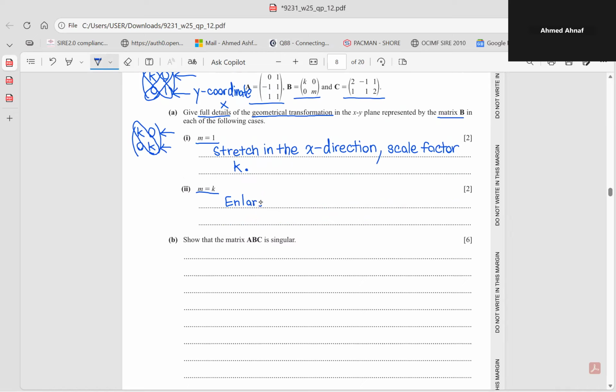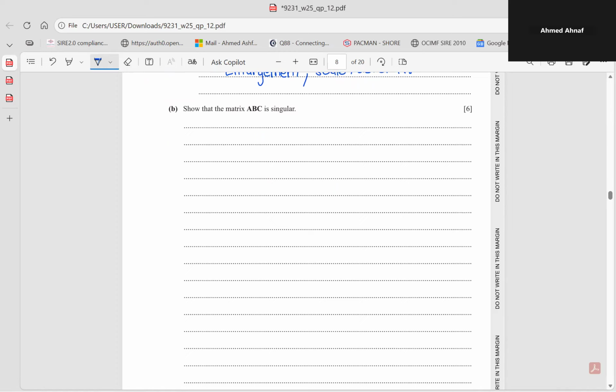And if you think about it visually, it does make sense because you are stretching in both the x and y directions. So essentially, you're just scaling up the shape, or the points, right? Yeah, so this is an enlargement of scale factor k. Okay, so with that, we can start with part b.